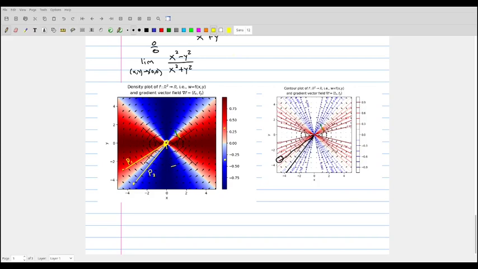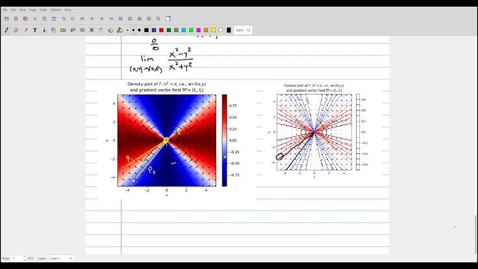We can do that down below to show you how you don't actually need the plots to do this. If you fix z equals c for different values of c, you get that the contour curves are curves of the form x squared minus y squared over x squared plus y squared is equal to c.